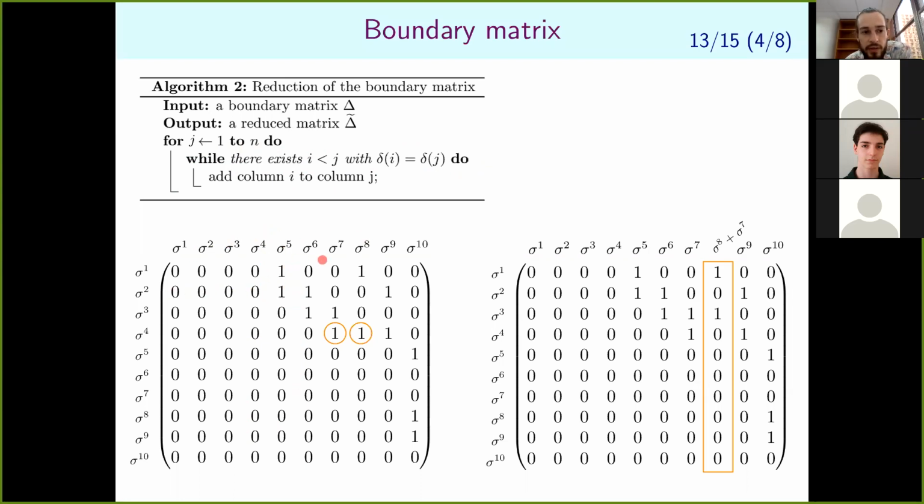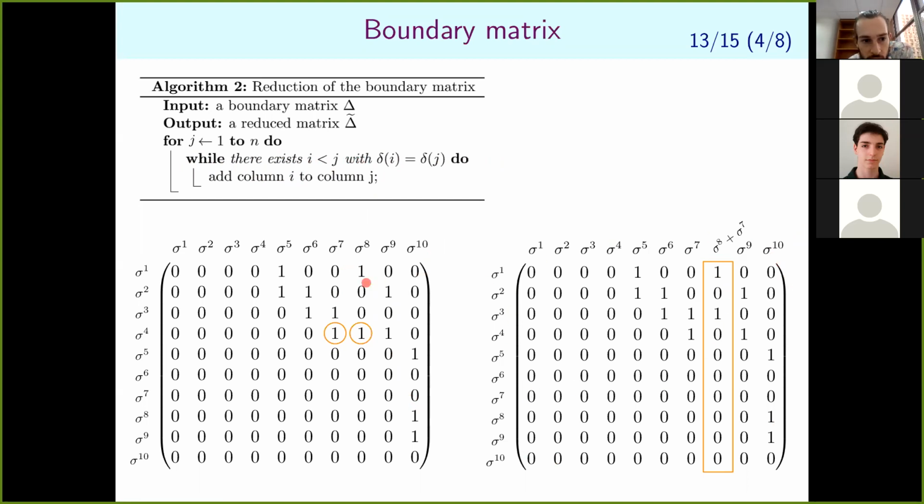Delta 6 is 3, and all the previous deltas are different. Same for 7, but for 8, delta 8 is 4, and delta 7 also is 4. So you enter this loop, and you add the column 7 to the column 8. So you end up with this matrix.